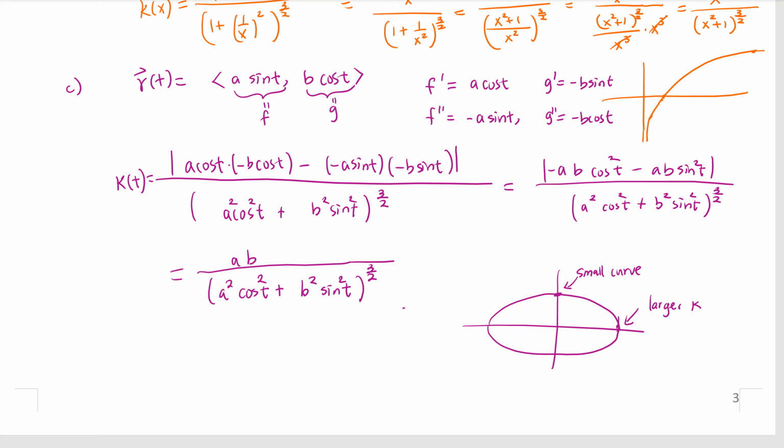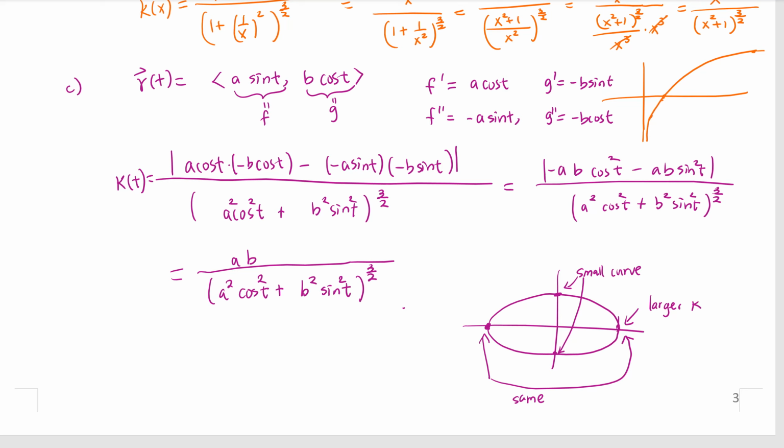But because it also depends on the shape, you can see this curvature and this curvature are going to be the same, and then this curvature and that curvature are going to be the same. That's what I mean by the curvature depending on the shape of the curve.